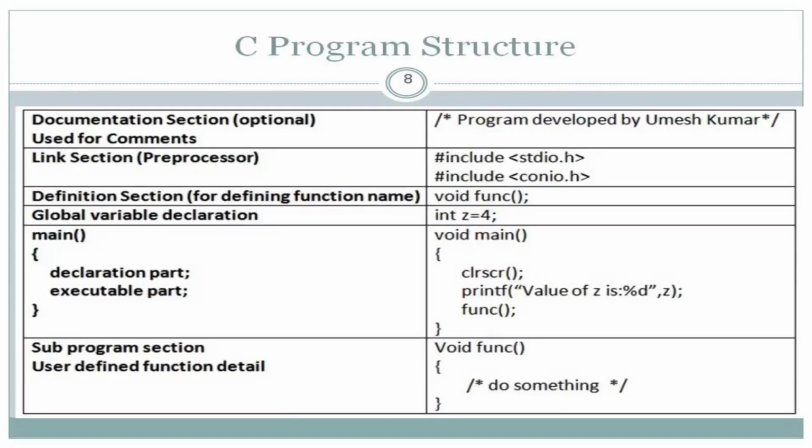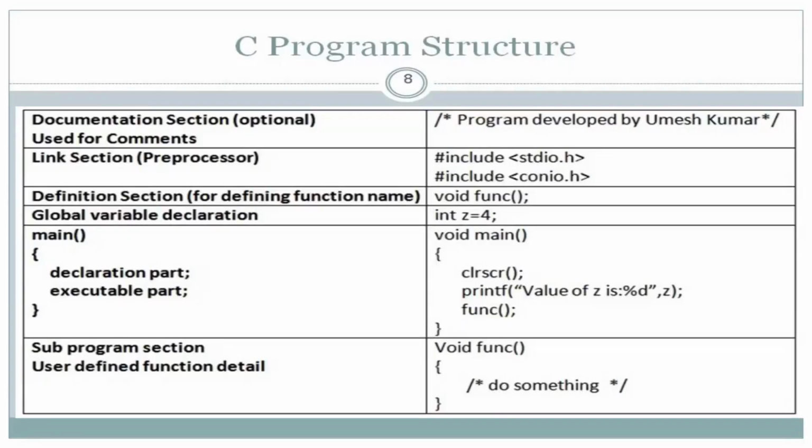Now let's go to the structure of a simple C program. The C program is divided into various blocks. The first part is the documentation section. It is optional. Here we write all the description about the program, who has made it, and at what time, and all the features of the program are written here.